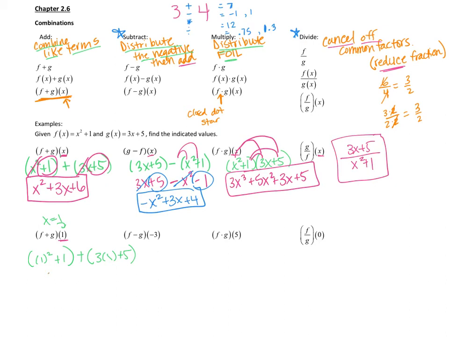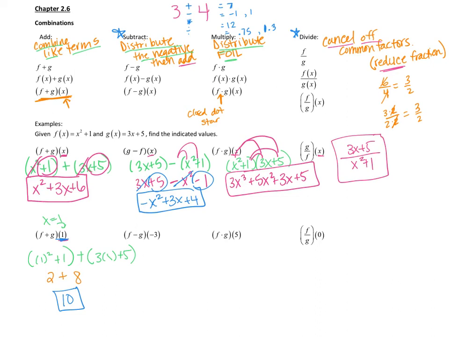So 1 squared plus 1 gives me 2. The second set of parentheses, which gives me 3 plus 5, gives me 8. And then I'm going to simply add the two together, which in the end would give me 10 for my final answer. So because I had a number in my problem, I'm going to have a number answer.